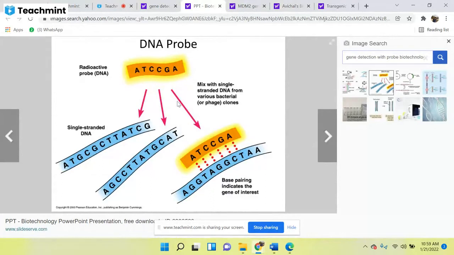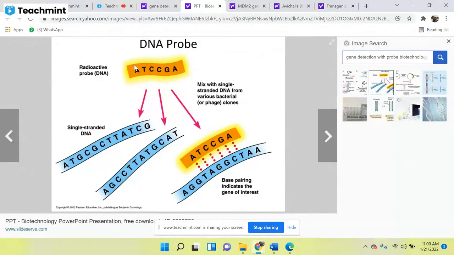And you know that this probe will also have some signal sequences. After that, we will detect the signal. Suppose we have taken the tissue sample which we are going to check for a particular mutation. After that, we will allow the probe to bind with the DNA present in the tissue.